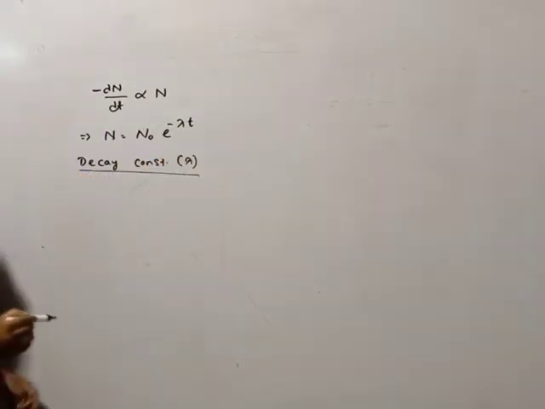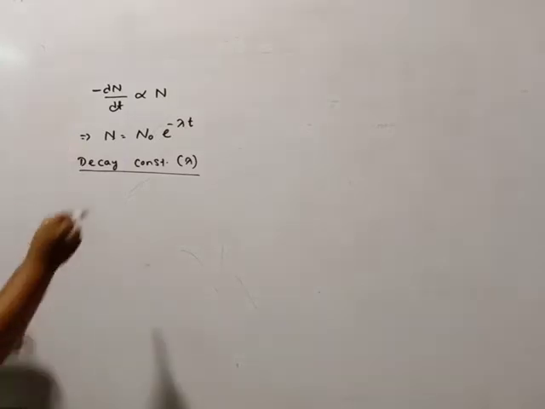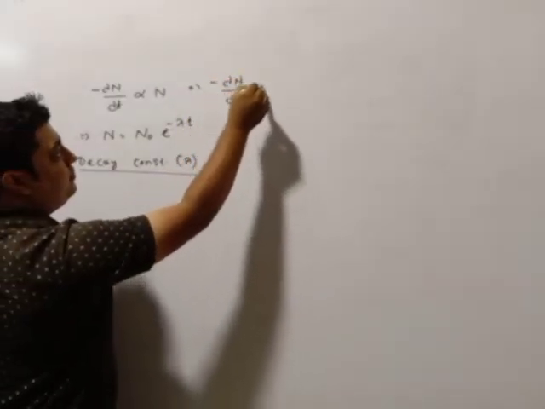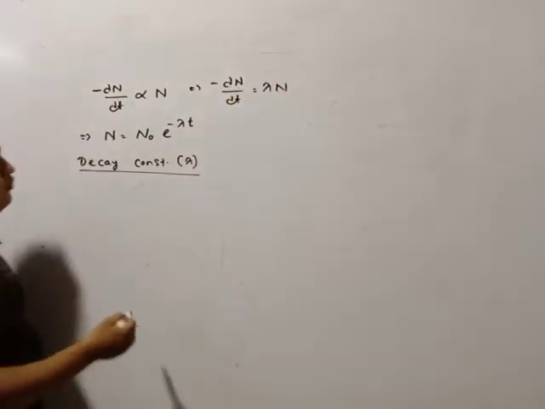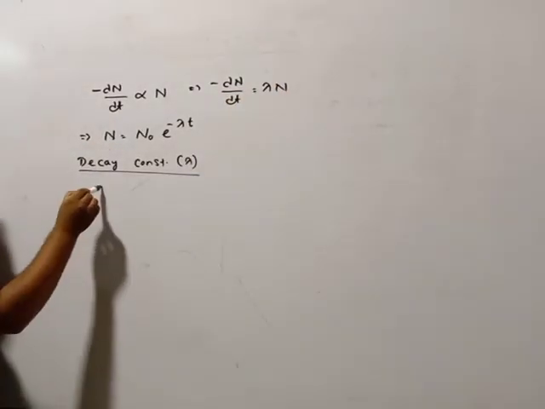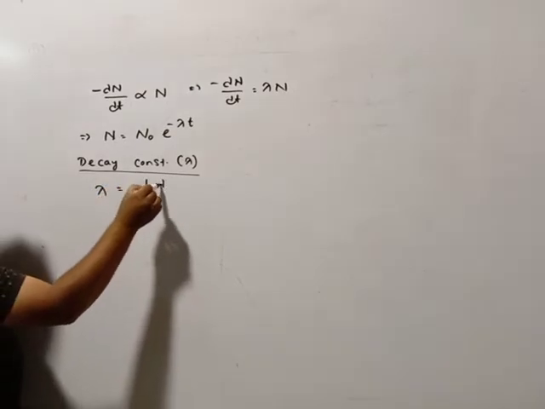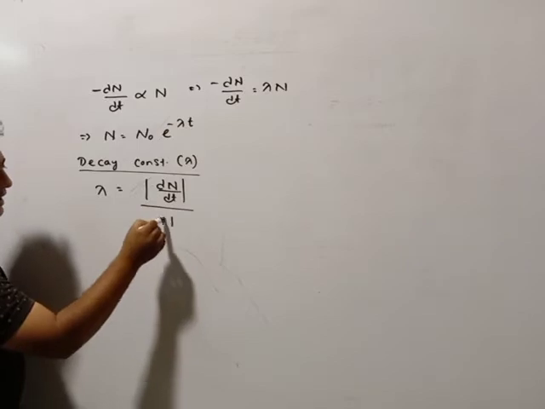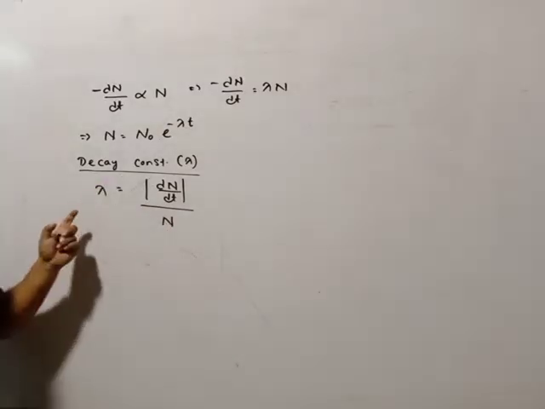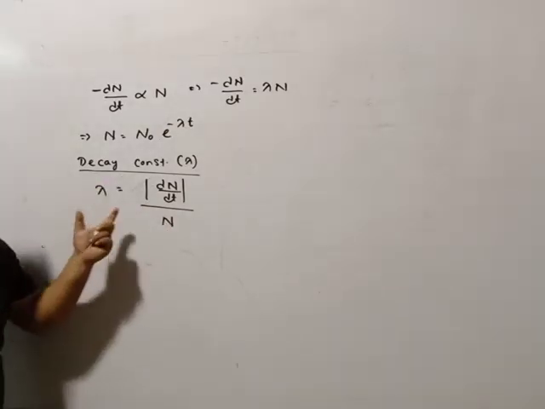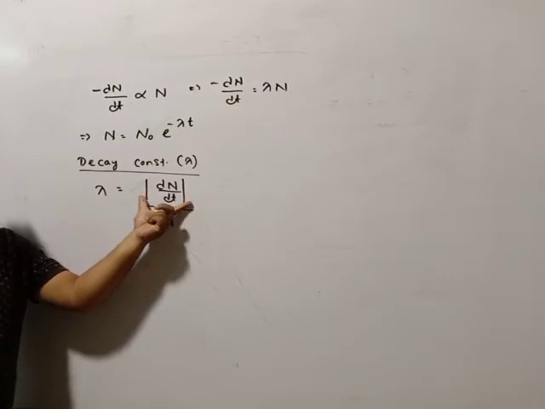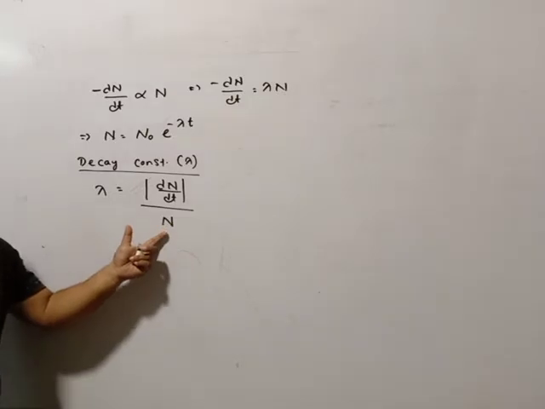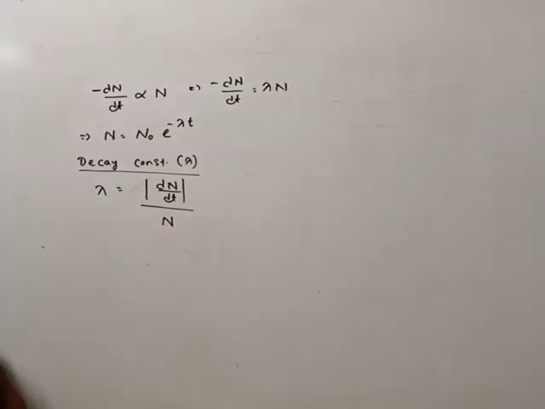So, from these two definitions, we can define lambda. From the first definition, lambda equal to mod of dN by dt divided by N. So, decay constant is defined as the rate of disintegration at any instant divided by the total number of radioactive nuclei present at that instant.